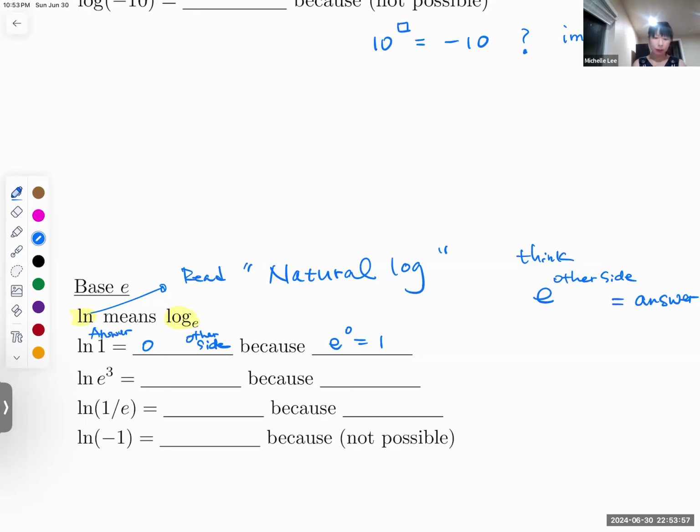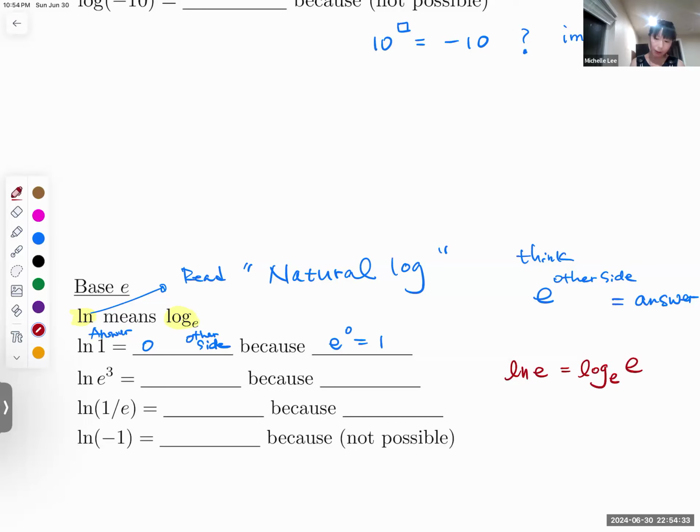Okay, how about this one, right? So ln e means the same as log base e of e, right?